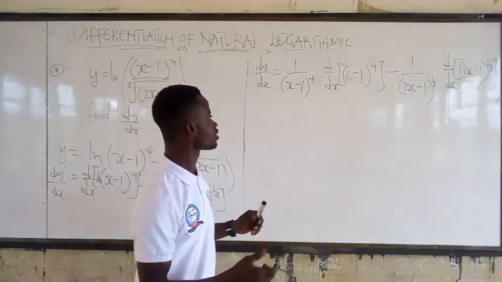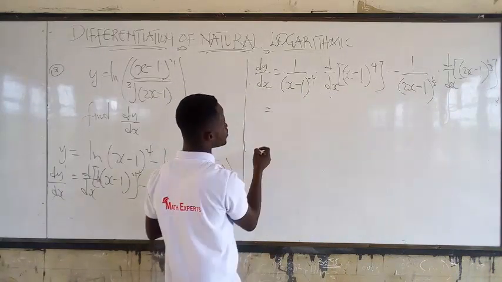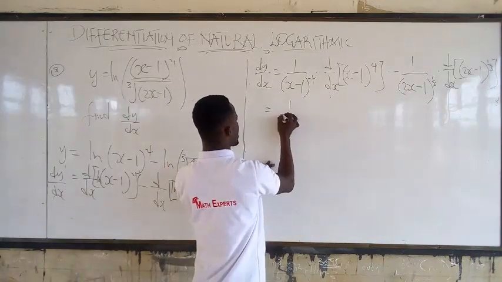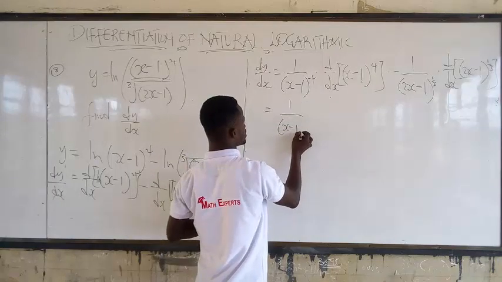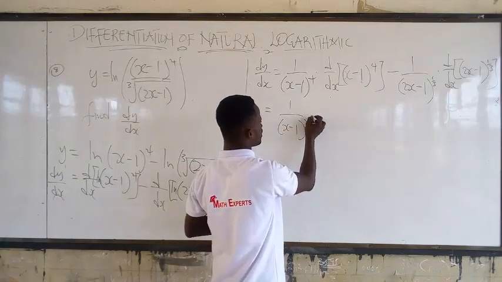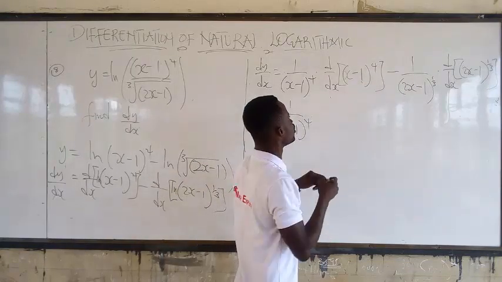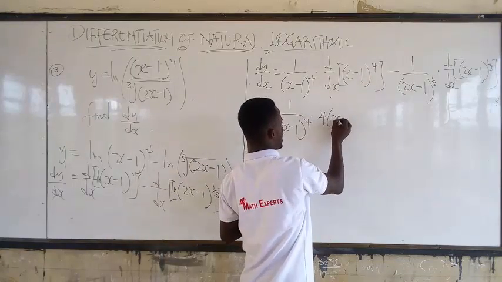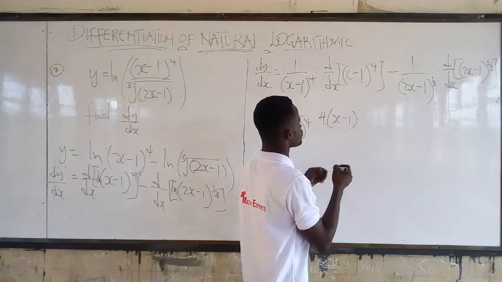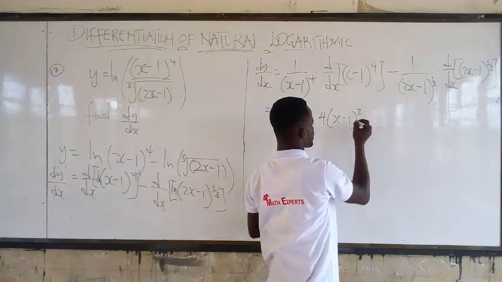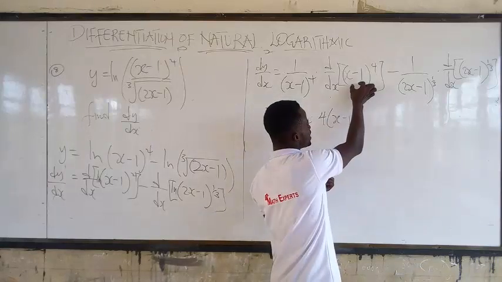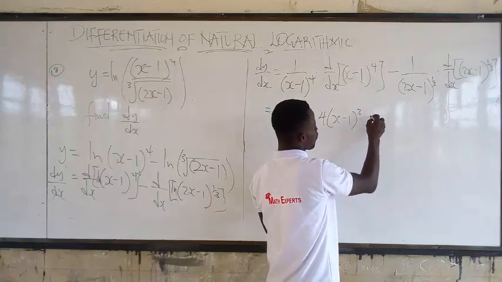Here you get 1 over (x minus 1) to the power 4 times the chain or general power rule. So 4 multiplying (x minus 1), subtract 1 from the power, you get 3, and differentiate the inside, you get 1.